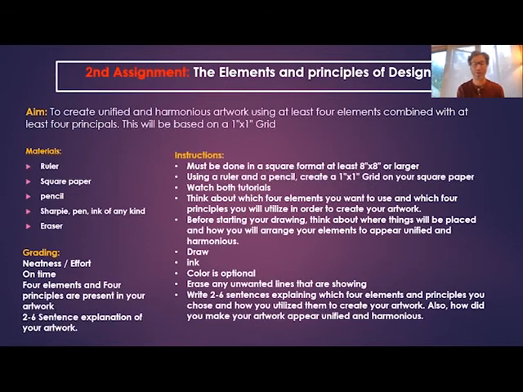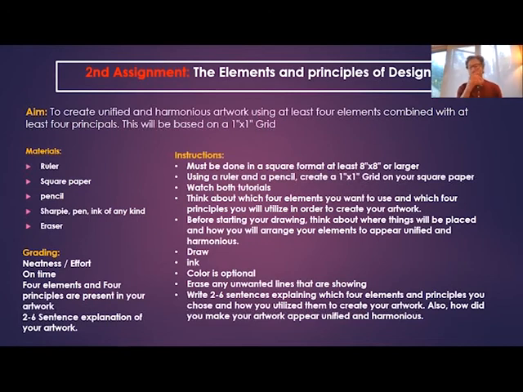That's 2 to 6 sentences explaining which elements you chose, which principles you chose, how you approached the composition, and what your process was. This will get you thinking about your process and how to write it down, which is an important step for an artist.